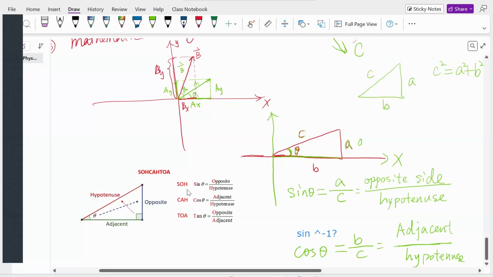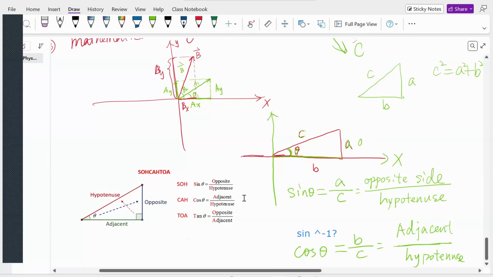Sine theta is SOH, right? Sine theta is opposite over hypotenuse. So you take the first letter. And then cosine, CAH, is equal to adjacent over hypotenuse. It's easier for you to remember. And tangent theta is sine over cosine, opposite over adjacent.